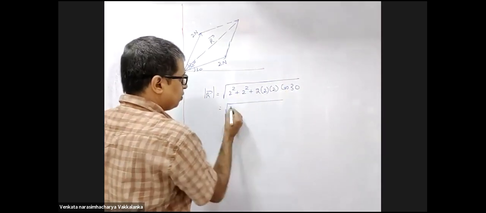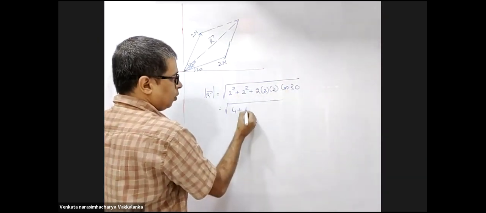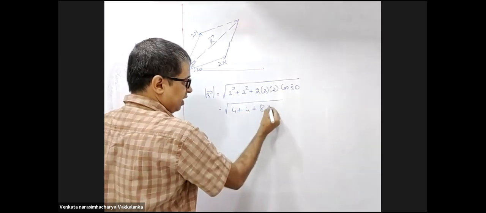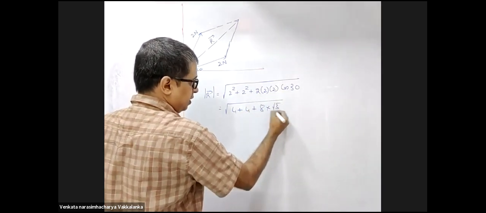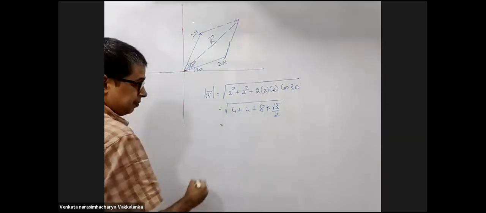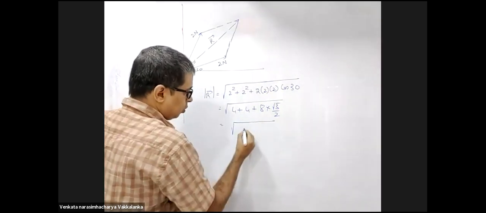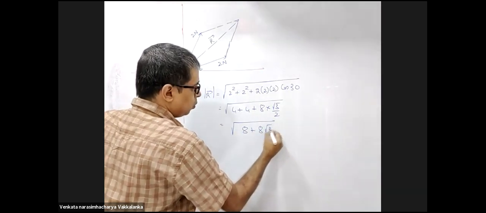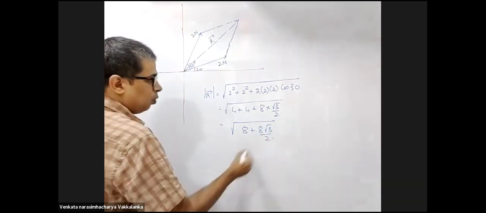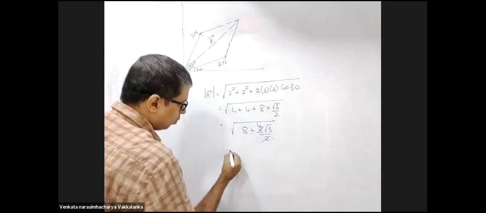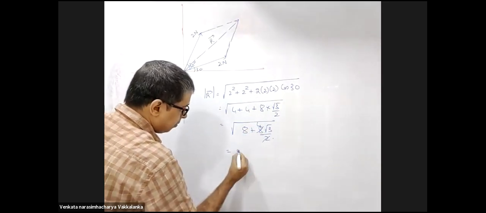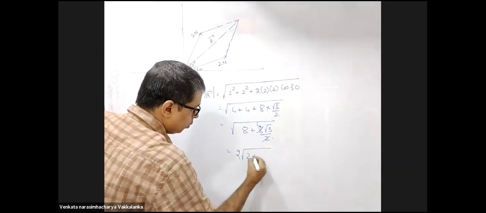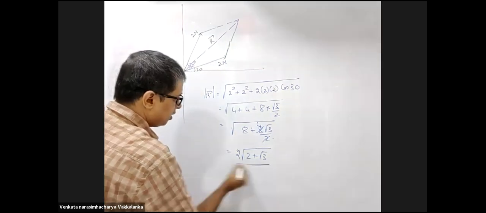This will be root over of 4 plus 4 plus 8 into cos 30, which is root 3 by 2. Root over of 8 plus 8 root 3 by 2. Make this 4, and 4 I can bring out as 2. 2 root of 2 plus root 3 is the result.